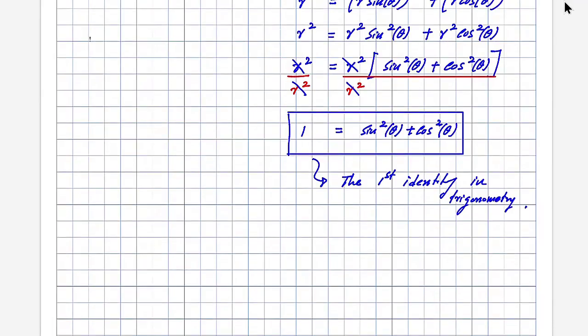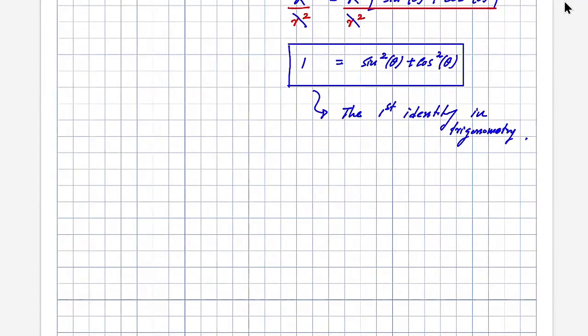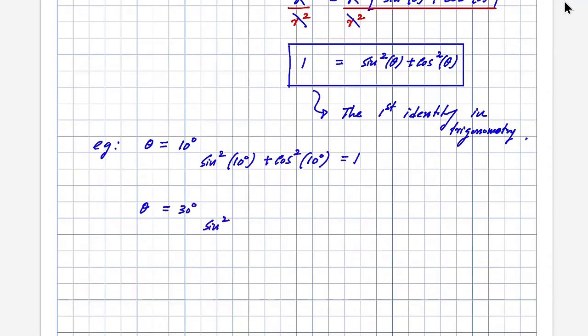Now, how does this identity work? For example, let theta be 10 degrees. Then sine squared 10 degrees plus cos squared 10 degrees is equal to 1. Then let theta be 30 degrees. Then sine squared 30 degrees plus cos squared 30 degrees is equal to 1.